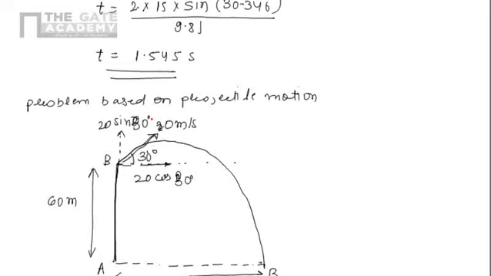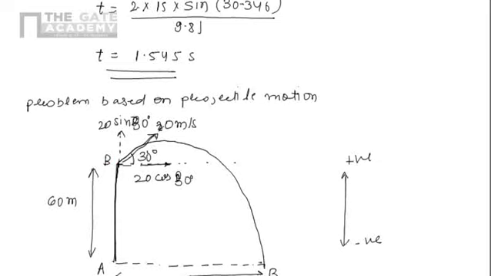Now we have to see our sign convention: upward positive, downward negative.